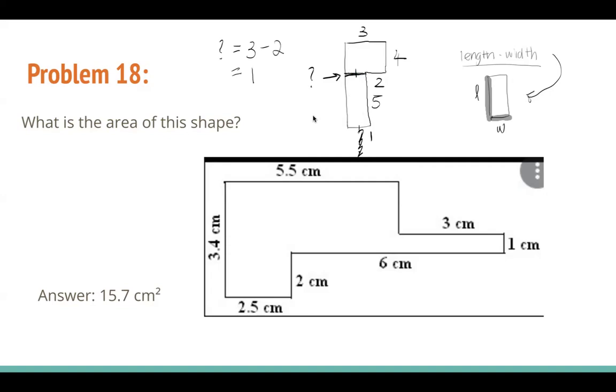Yeah, it's 12. And then how about the 5 by 1? 5. Yeah. So if we sum these areas, we get the answer as 17. In this case, I didn't put any units, but if I were to put feet, then our answer would be 17 feet squared.